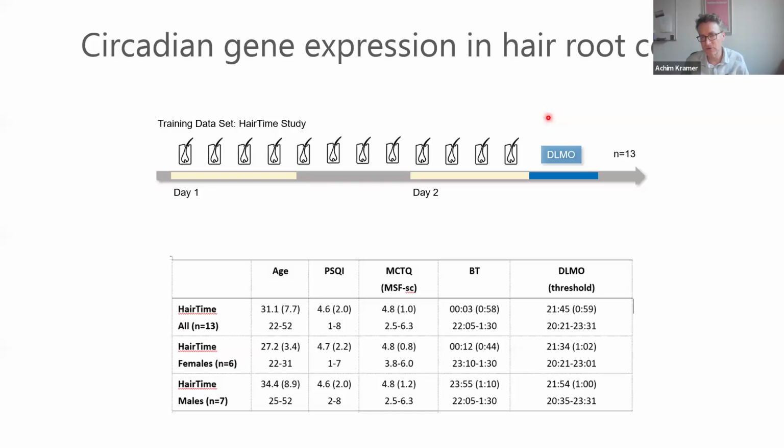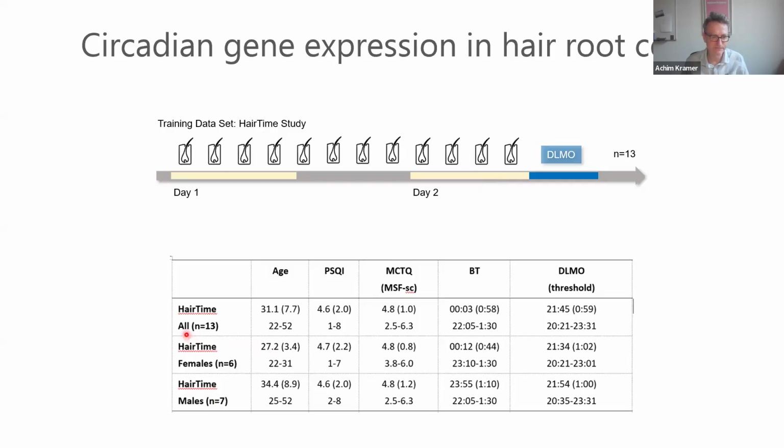And our aim was to replace that assay by a much more convenient assay. But first of all, we needed the volunteers to sample a time series, and the final goal would be that we just need one sample. But for this, we need first to characterize the rhythmicity in the hair root cells.